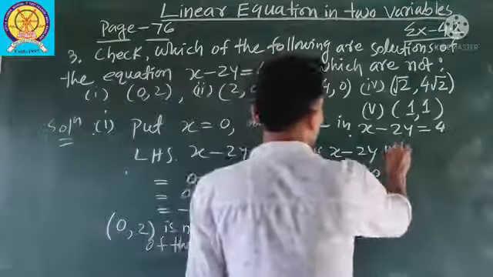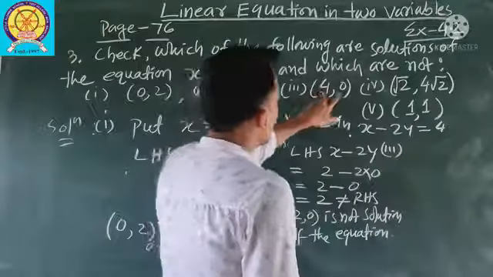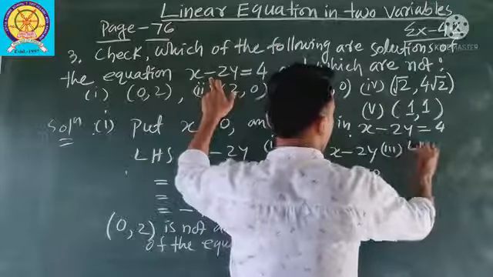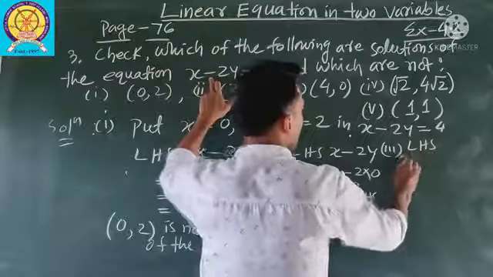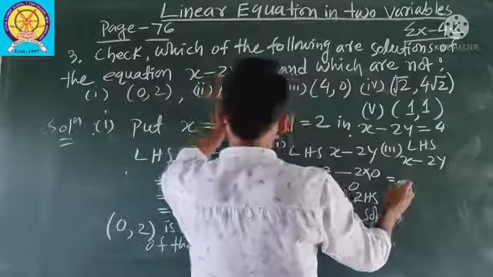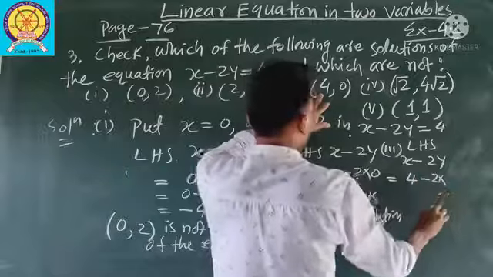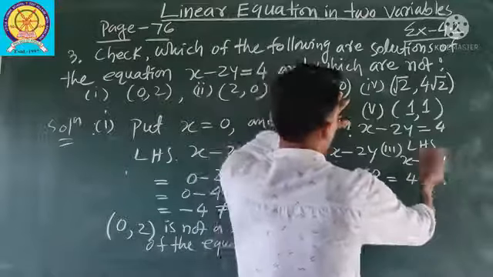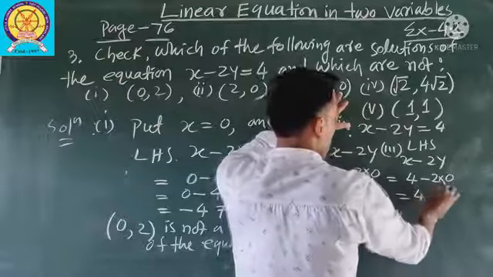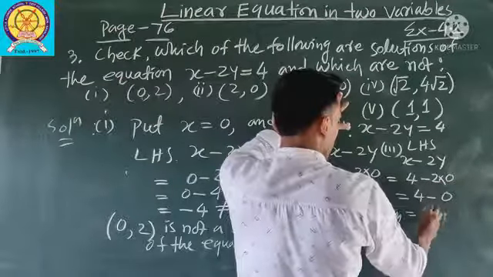Next, you see number 3, x is 4, y is 0. First we write down the left hand side of the equation, x minus 2y. X is 4, minus 2 into y. Y is 0. 4 minus 2 into 0 is 0. 4 minus 0 is 4.